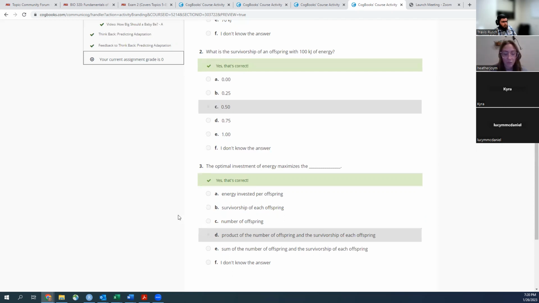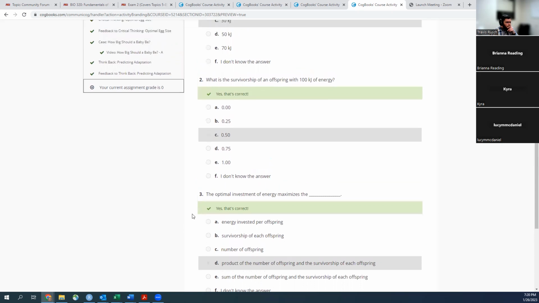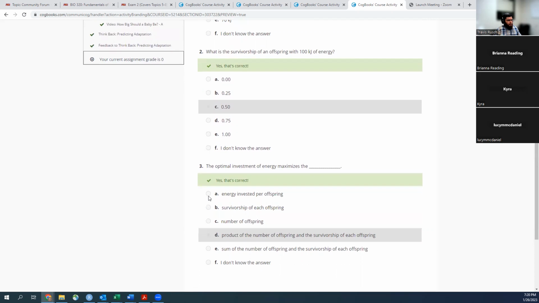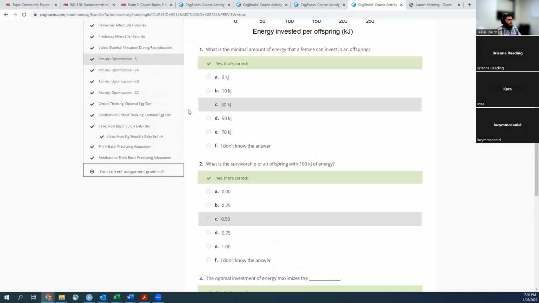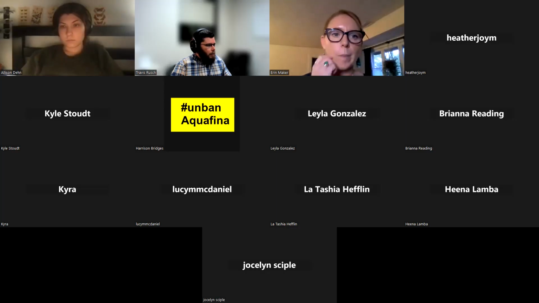This question confused me a little bit. What would be the difference between the product of the number of offspring and the sum of the number of offspring? I couldn't tell which one would be more correct. Well, it's the way the math is set up, because you have something times x equals y, so you have to multiply the two together to get y, versus adding them together. Let me see if I have an example in my notes real quick.